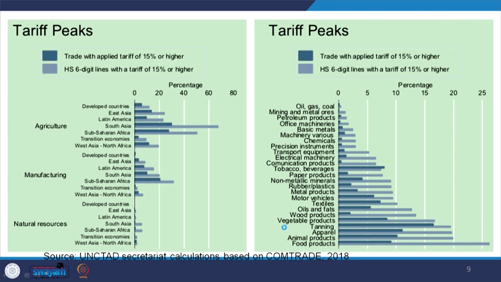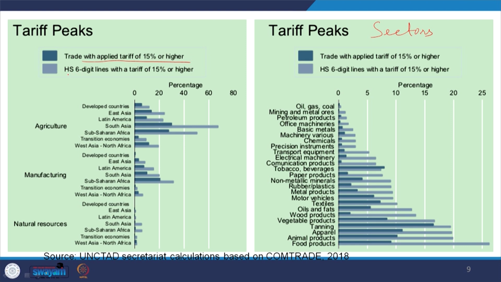So far as peak tariff is concerned, tariff peaks by countries and by sector. Here we are referring to broad sectors, so here we are referring to countries and three specific segments. By peak tariff we mean trade with an applied tariff of 15% or higher, whichever country has the highest.